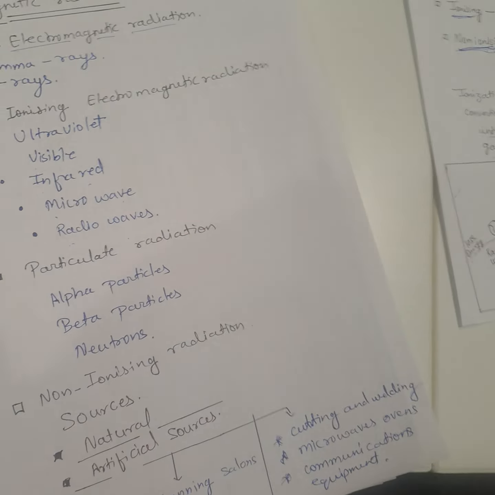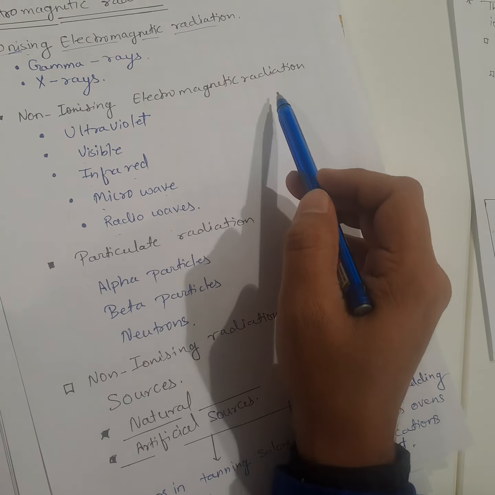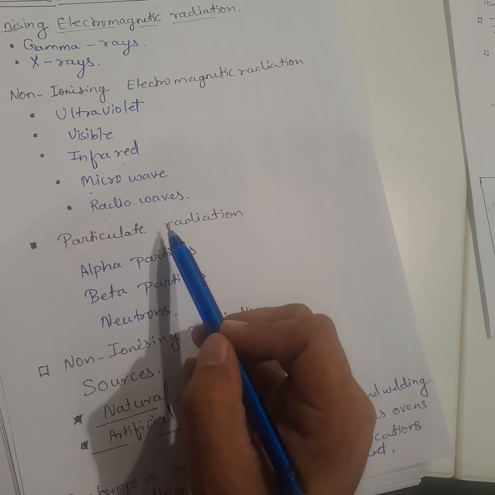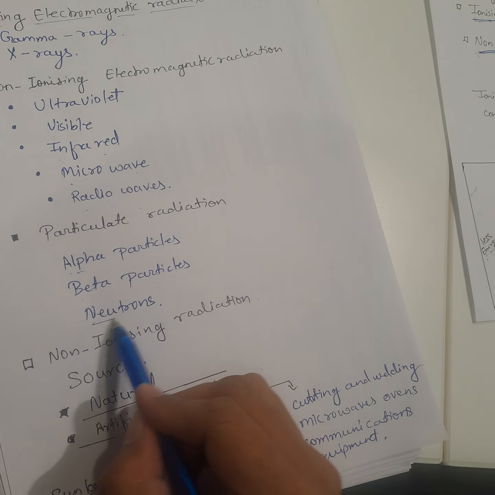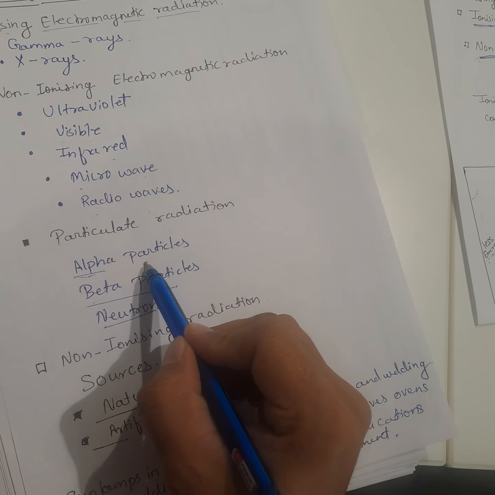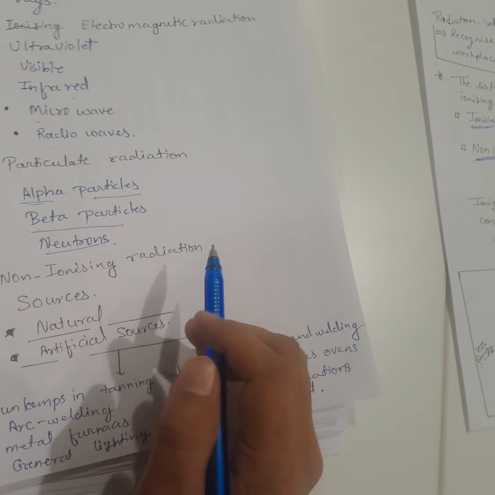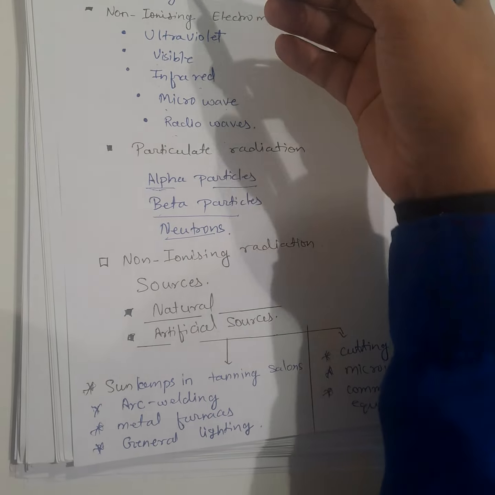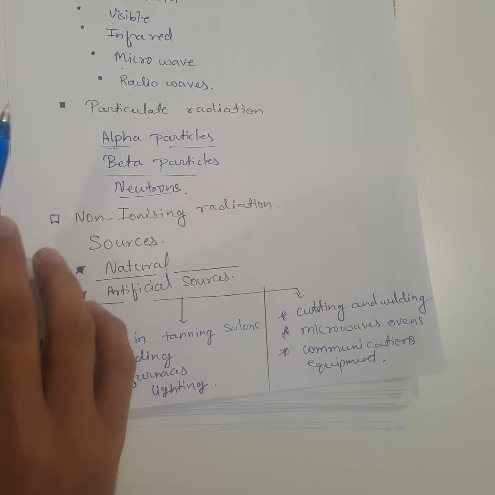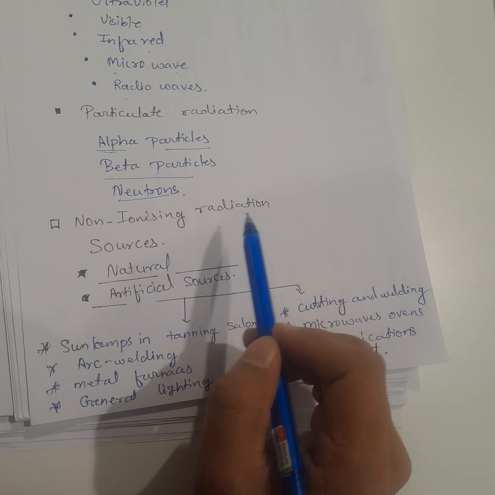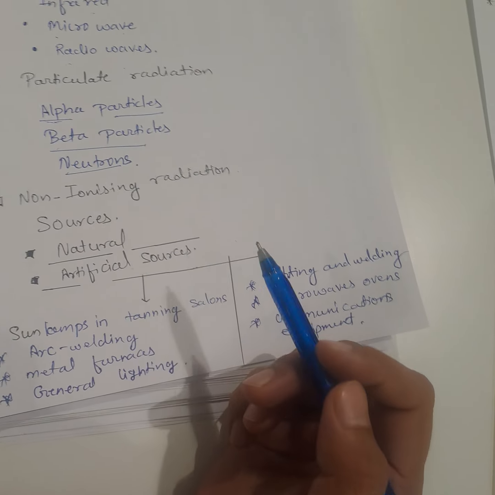These are examples of non-ionizing electromagnetic radiation. And particulate radiation is alpha particles, beta particles and neutrons. If anyone asks, you can easily tell that these are the different types of electromagnetic radiations.